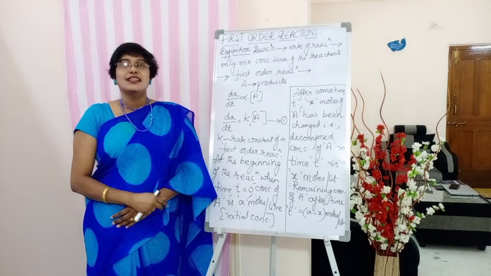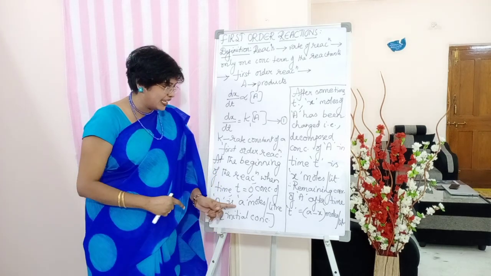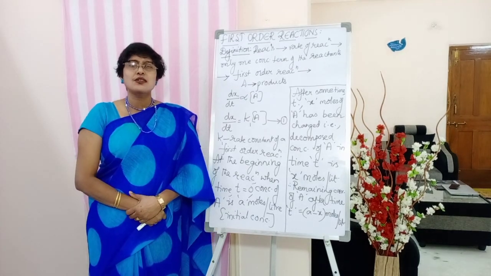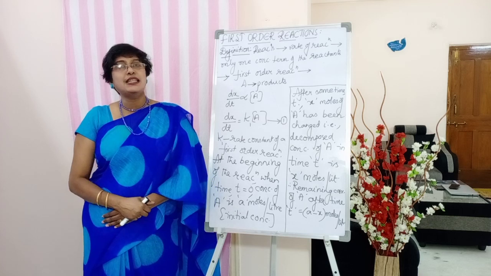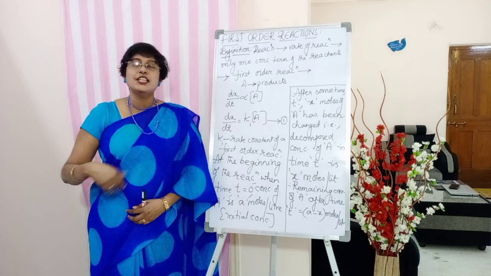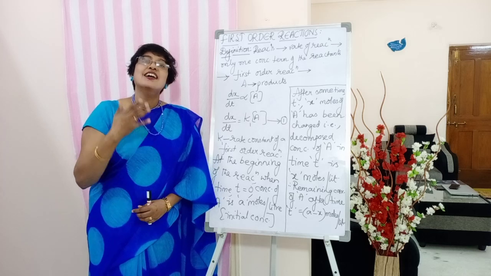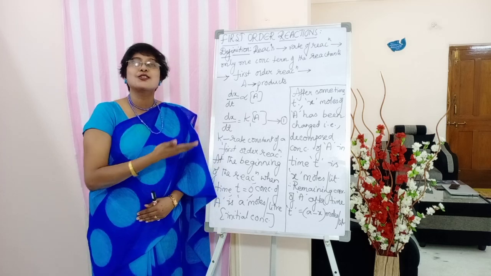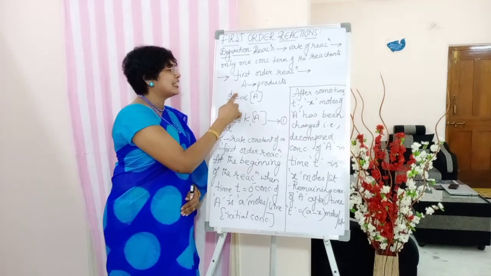So those 10 or 20 chocolates will be X, and 100 chocolates will be A. Mom will come and look. What happened? How many chocolates will be there when you have taken 20 chocolates and put them in your pocket? Only 80 will be there. That is the remaining number of chocolates. So here also A minus X will be the remaining concentration of A.